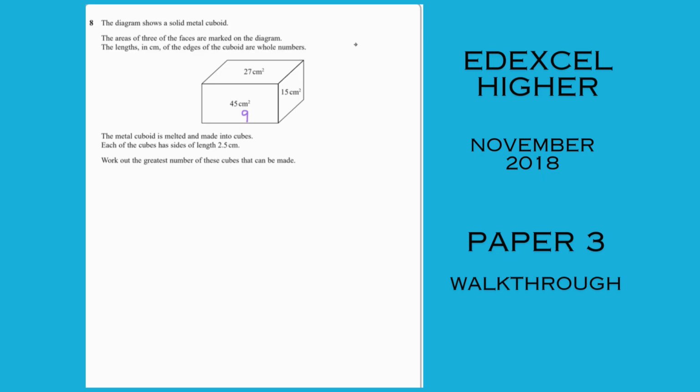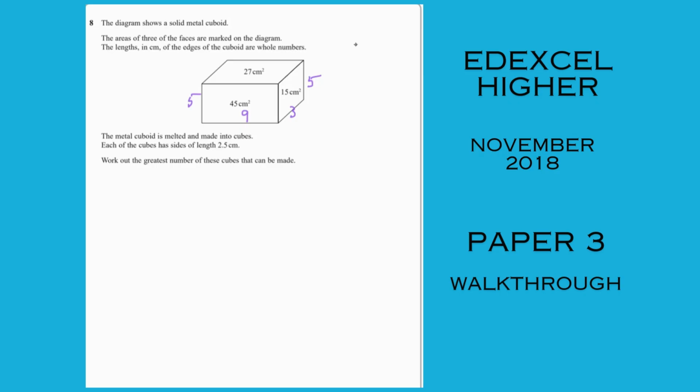So you've got to start puzzling out, well, that means it's got to be 3 by 5 or 5 by 3. So by popping that on there, if the height is 5, that's where you get the 45 from. And that also makes sense on the side and on the top. So mucking around with equations for that, I think a little bit of trial and improvement is the best way.